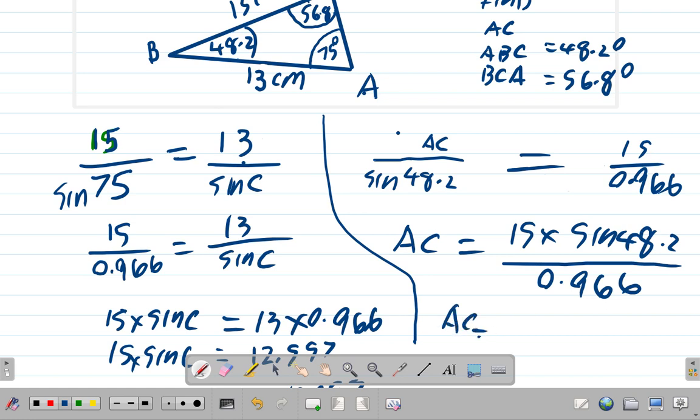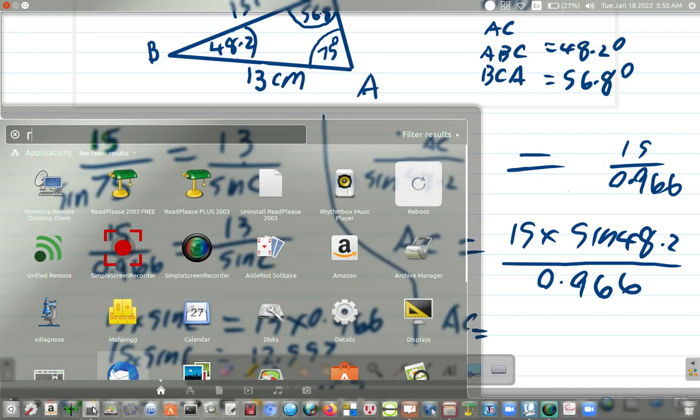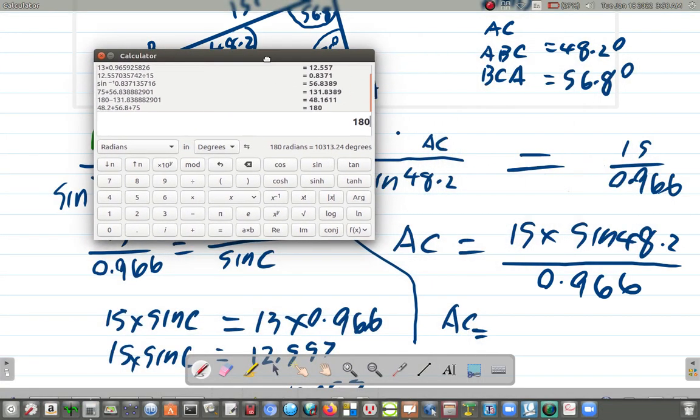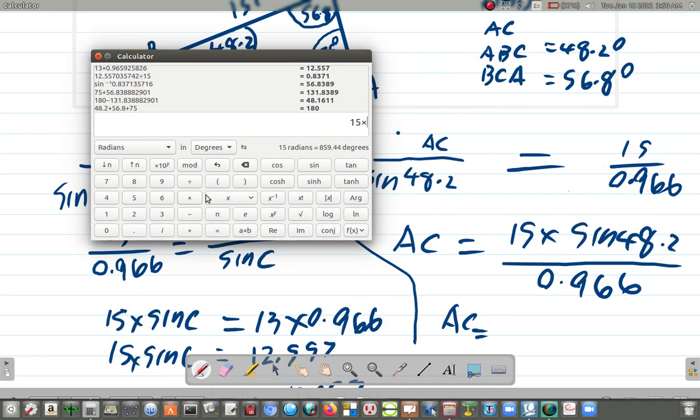So what is AC? Let's check that out with our calculator. 15 times the sine of 48.2 equals that. Then divide that by 0.966 equals 11.576.